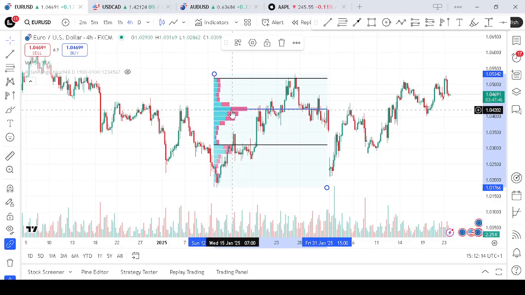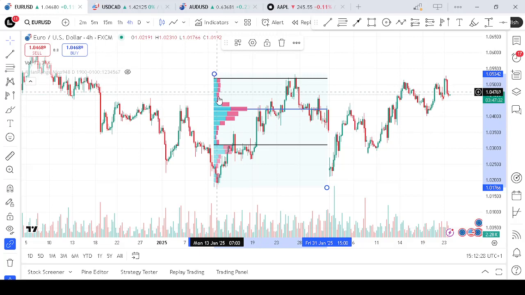As you can see, the volume bars are showing that a lot of activities were going on in the market. That's why the volume nodes are high. While the low volume nodes suggest potential breakout zones due to the less trading activities that went on in those areas. As you can see, less trading activities went on in this area of the low volume nodes. We have to use these nodes to anticipate market reaction and plan our trade accordingly.